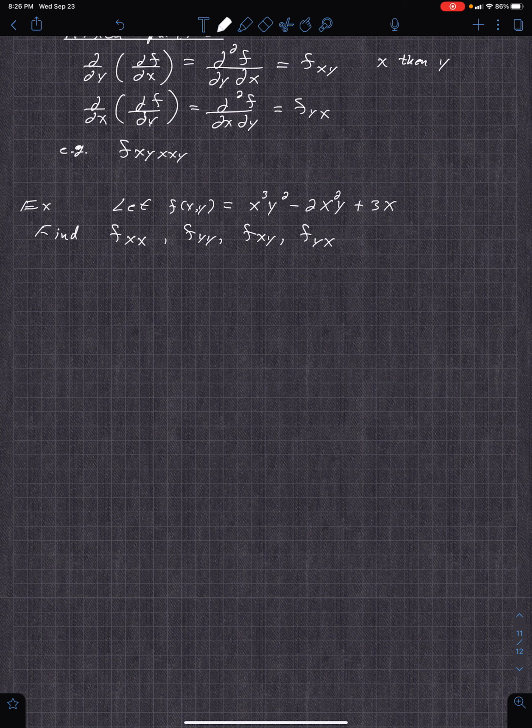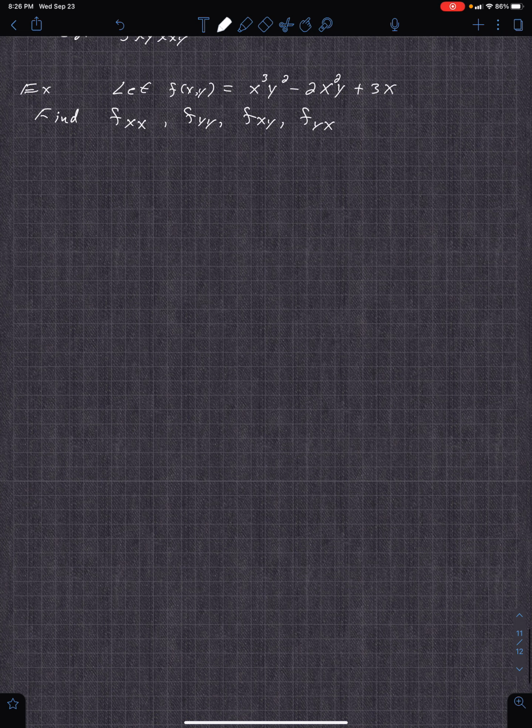So let's do each one of those. We already did partial fx, and we can leave off the xy if you want. That is 3x squared y squared minus 4xy plus 3. And then we already had partial fy above, so it's 2x cubed y minus 2x squared.